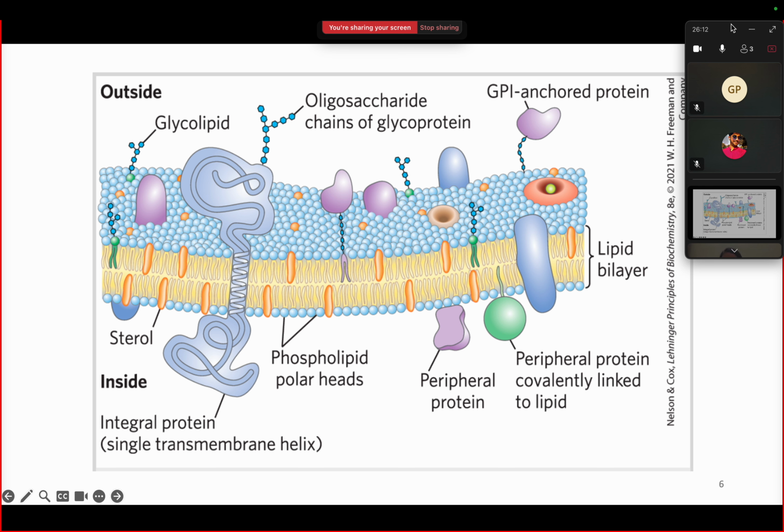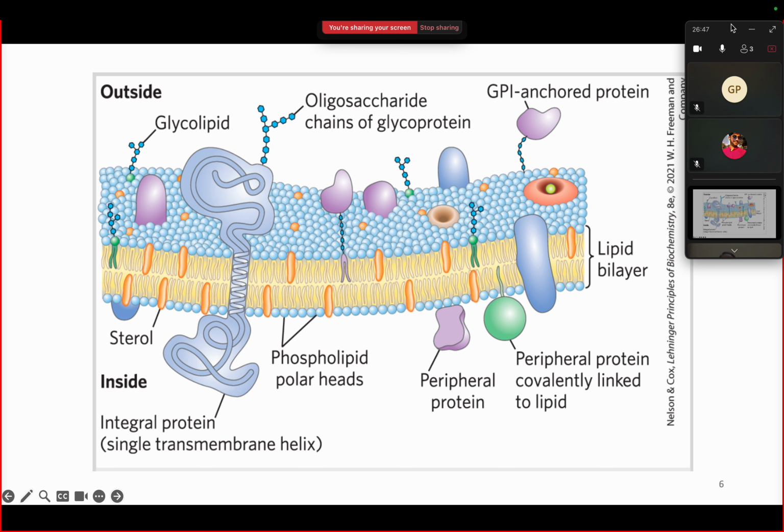So maybe in the next class, which will be on Saturday, we're going to discuss the different types of lipids which are present in a cell membrane. We're not going to go into too much detail on the structural properties of a lipid, but we should know what the different types of lipids present in the membrane are, because the different types of lipids give the membrane its specific properties, whether the membrane will be more fluid or more rigid, or what kind of proteins will be associated with what kind of membrane, right?